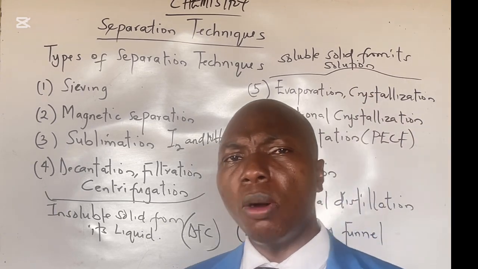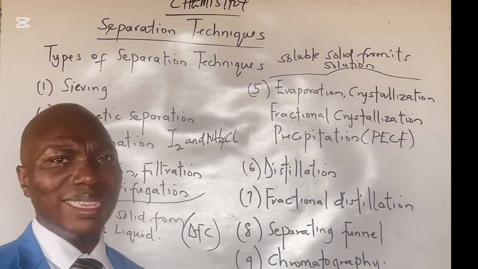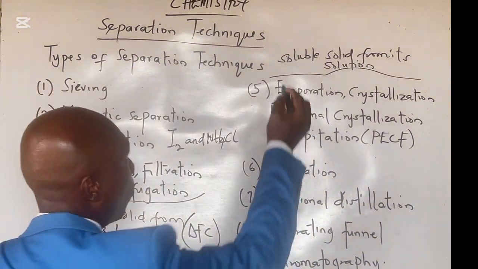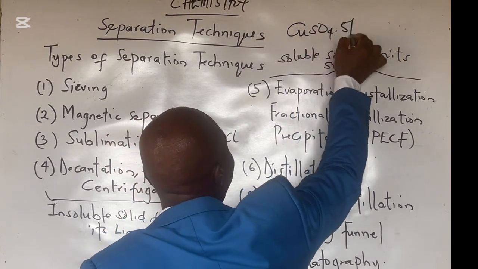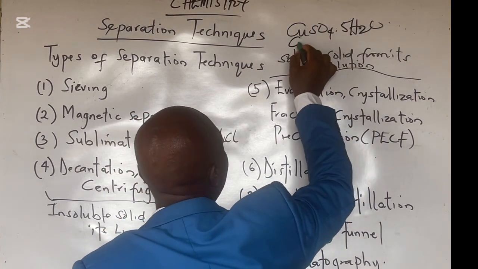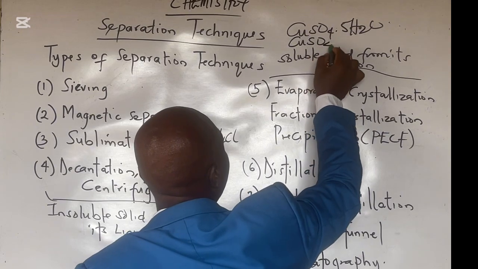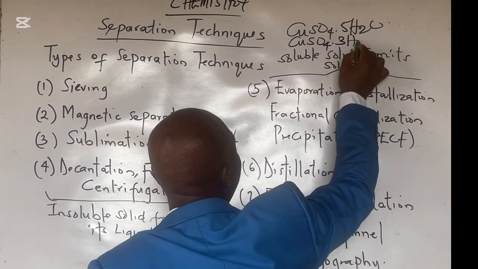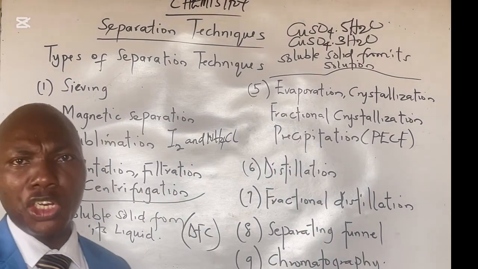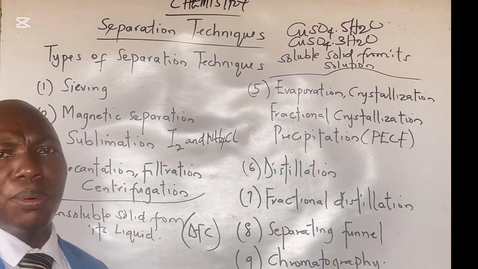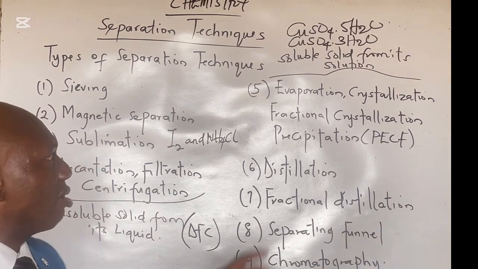Example is copper(II) tetraoxosulfate(VI) pentahydrate, that is copper sulfate pentahydrate. Another one is copper sulfate trihydrate. All these substances have their water of crystallization, and they can easily be separated using what?